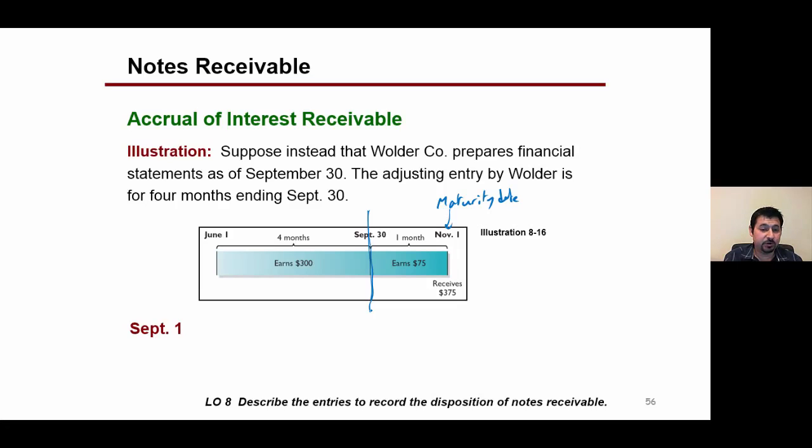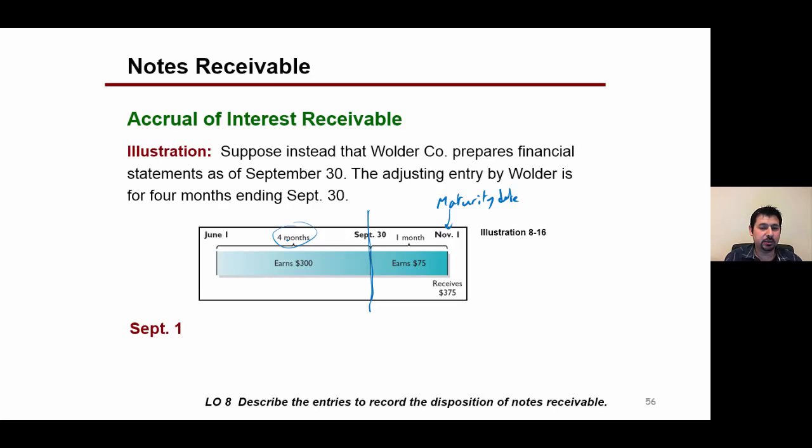Instead, however, they did earn 4 months' worth of interest. So they have accrued interest for 4 months. As a result, the company will need to make an adjusting entry to recognize the interest revenue that was earned in these 4 months.